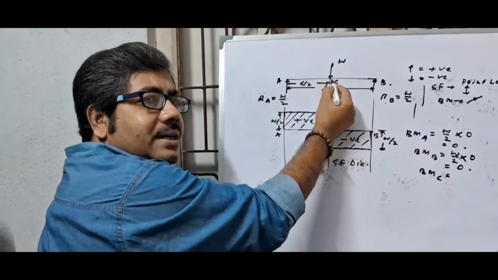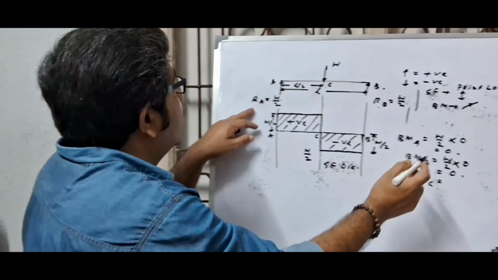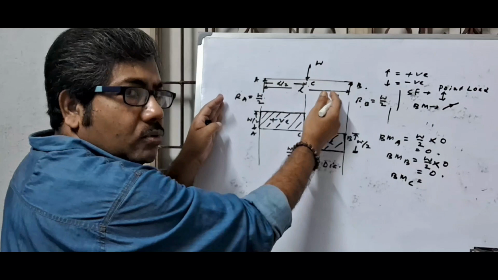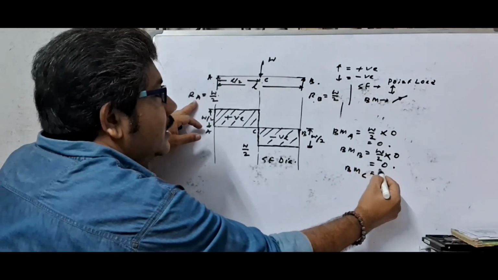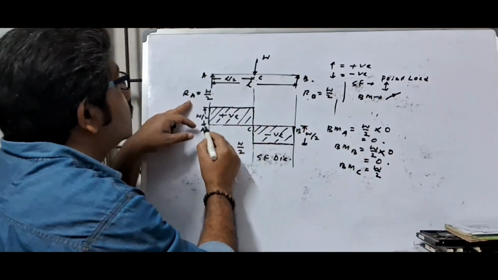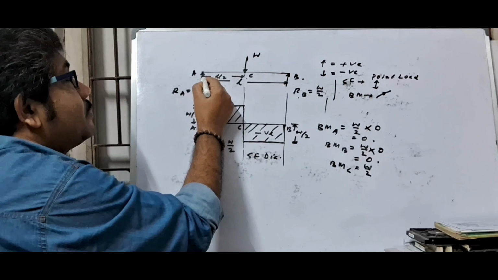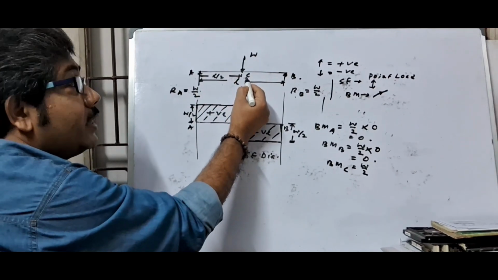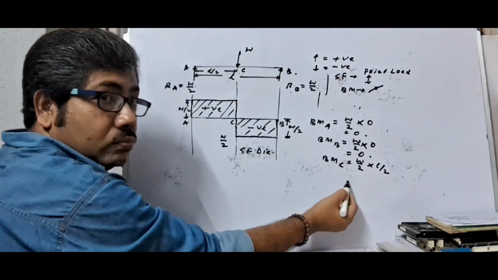Bending moment at point C: the value is at the middle point, so you can calculate from left to right. For load RA, this is W by 2 upward, so this is positive, and this force is acting at point A, and you are taking moment at point C, so the distance is L by 2.